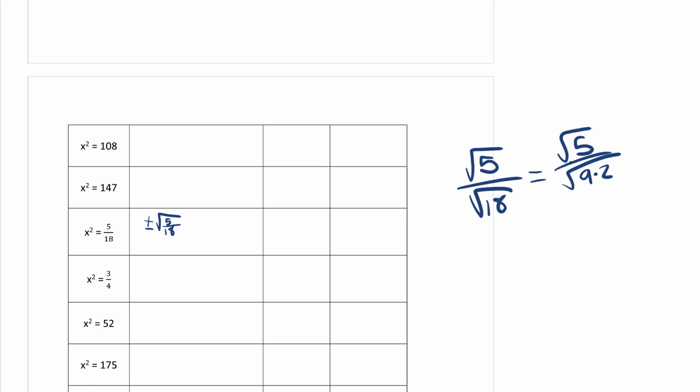Radical meaning root, like this symbol right here, that's a radical. So we can rewrite this on the next line as the square root of 5 over, what is the square root of 9? Well, it's just 3. This is the square root of 5 over 3 root 2.